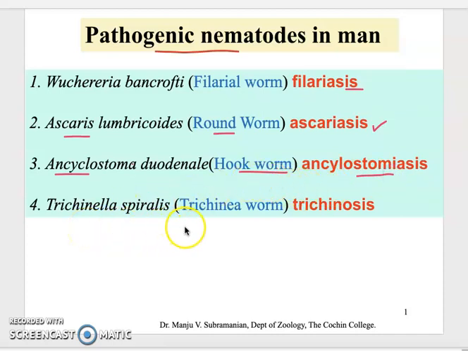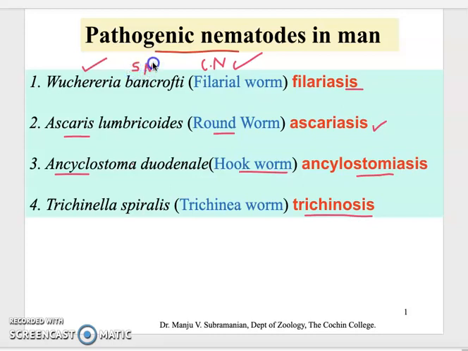It is commonly called a trichinia worm, and it causes a disease called trichinosis. So you have to repeat these names of the parasites, and you have to study the scientific name and the common name. The common name is written in blue color, and the scientific name is written in black color.